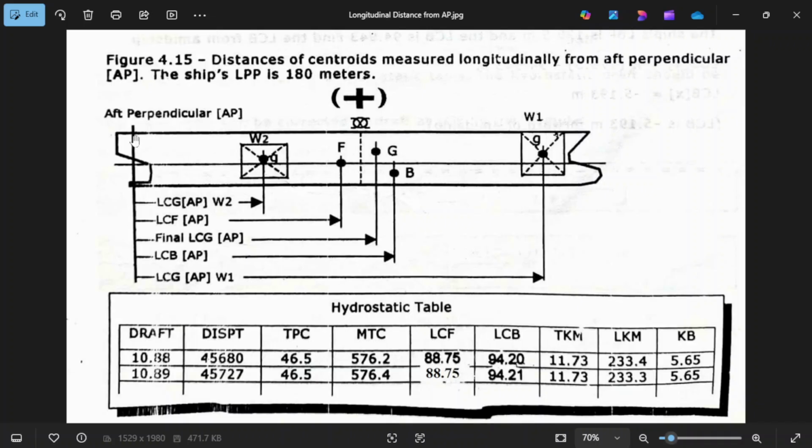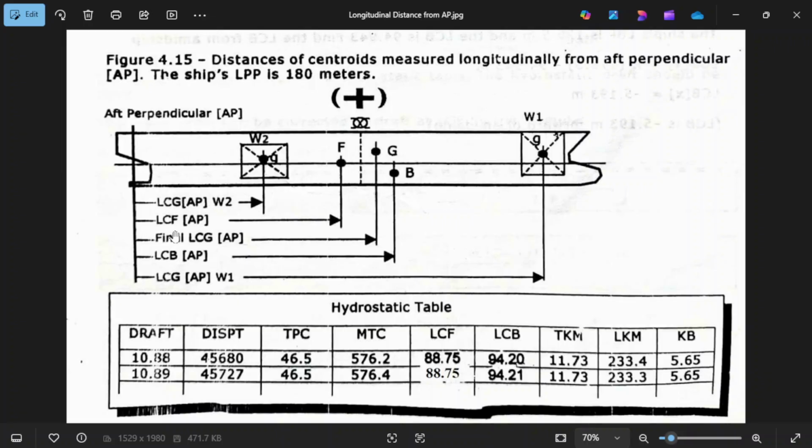So what it means is the aft perpendicular is measured from this point moving forward to the vessel. All measurements are in positive sign. Okay, so for example, this weight number 2 is measured from this aft perpendicular going to the center of the weight. That would be the LCG.